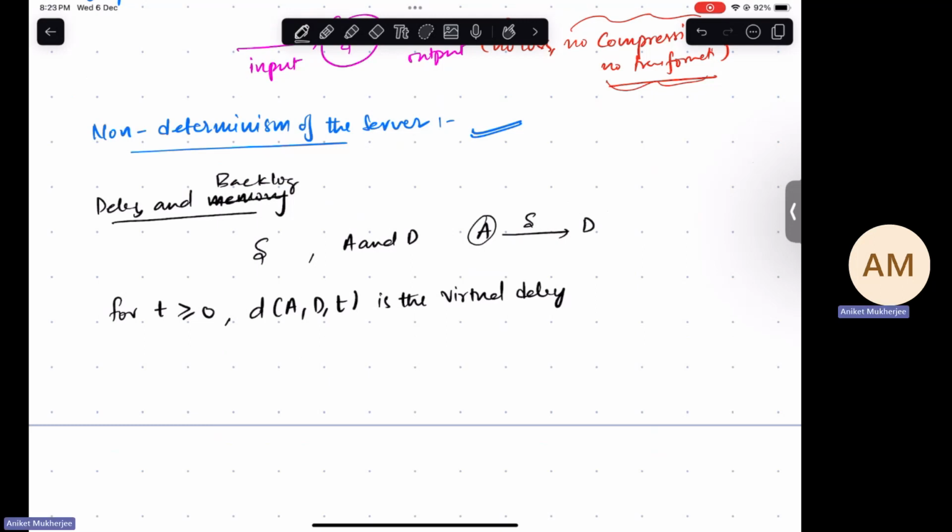So if you have a flow A, and a packet had arrived at time t, what is the delay that it would have seen?